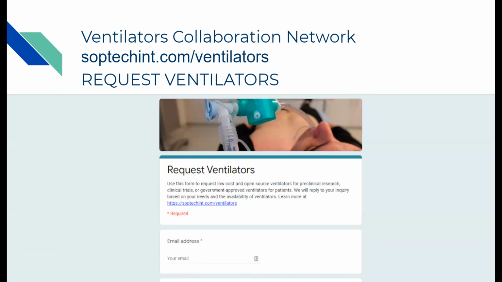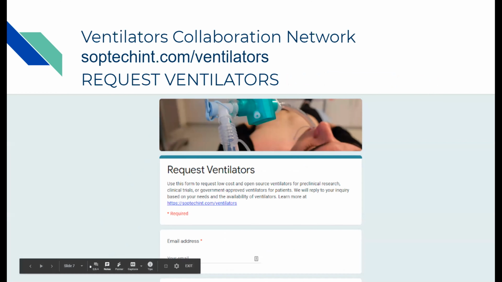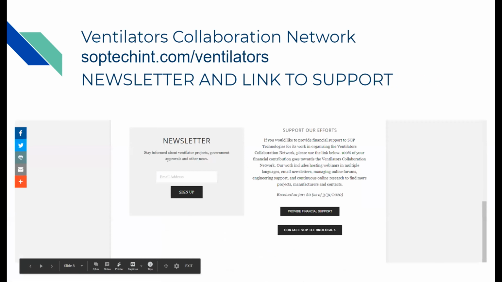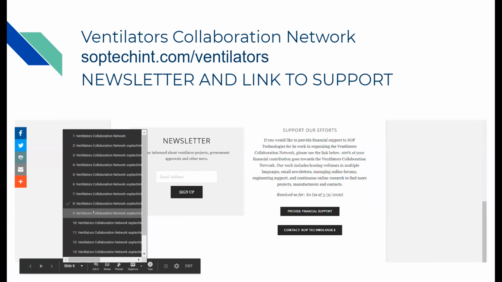So if you're working on a project and you don't know who to talk to, that's a short list of people that have already said that they have capacity and expertise and availability to do this. We also have a form that people can fill out to request ventilators. And there's a newsletter link, so you can sign up for that and also support these efforts.